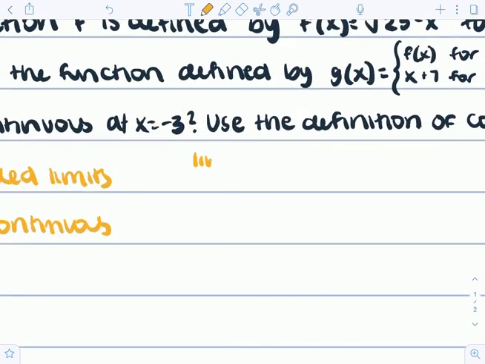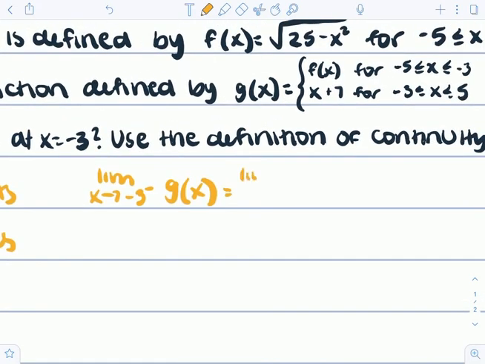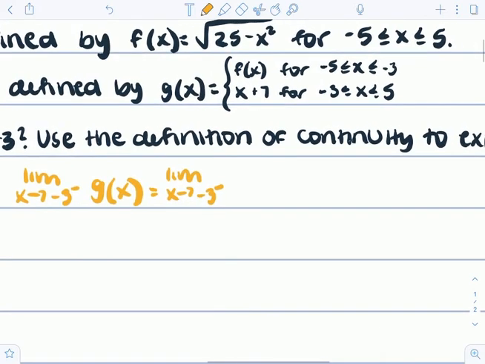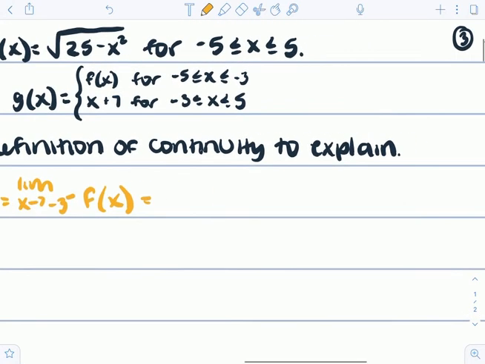The limit as x approaches -3 from the negative side of g of x equals the limit as x approaches -3 from the left side of f of x, which is the limit as x approaches -3 from the left of the square root of 25 minus x squared.